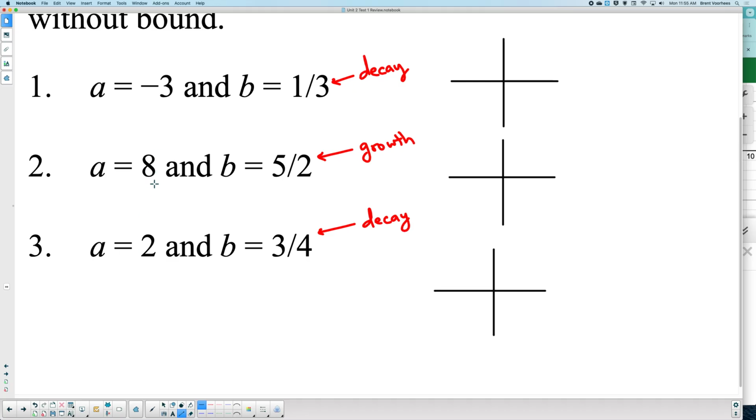It's like your y1, your initial value. So go plot a point. On the first one, I'm going to say -3 is down here. That's -3. On this one, 8 would be up high. There's 8. And the last one, 2, would be somewhat low on the y-axis. So all those are like your y1 value.